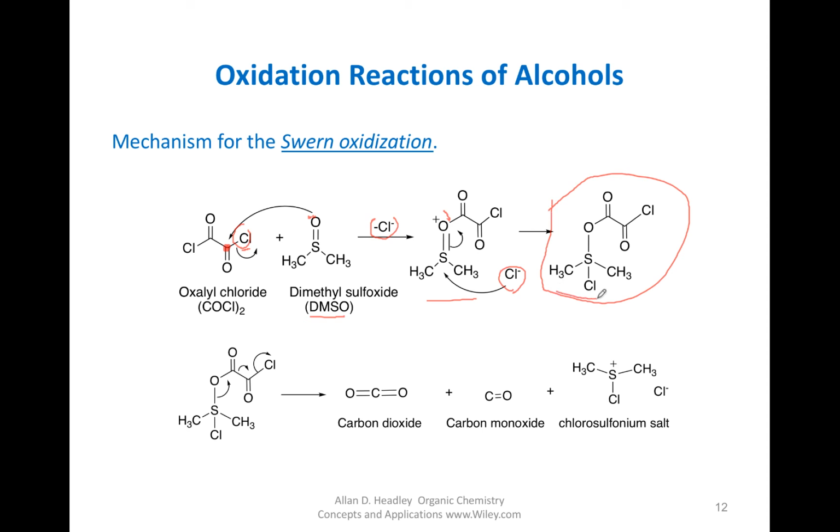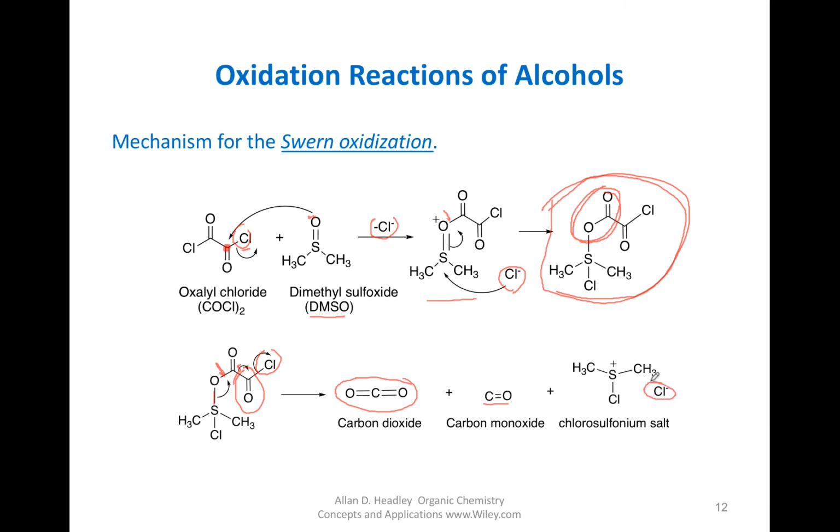This neutral intermediate is not stable. Why isn't it stable? Looking at it, you can see potential carbon dioxide right here. So in this reaction, if these electrons came in to form a double bond right here, what we have is carbon dioxide, providing these electrons break to give carbon monoxide right here. And then this chlorine, as you know, is a good leaving group.